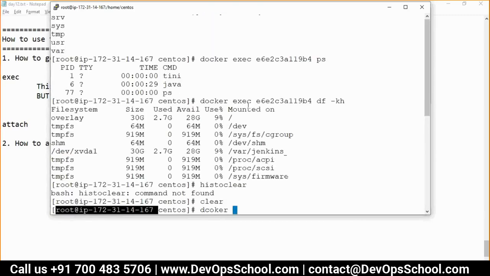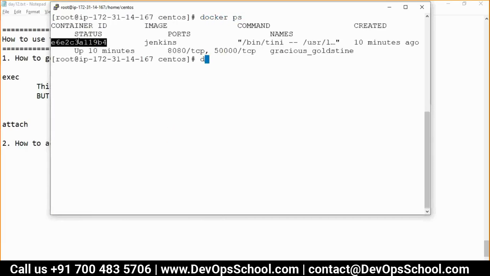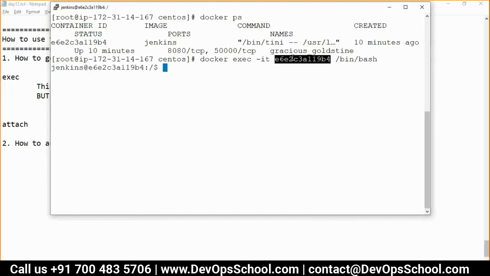Docker ps, this container. Docker exec -it, which container? What do you want to run? bin bash. In interactive mode, in this container. Where are we right now? We are inside the bash shell of that container.